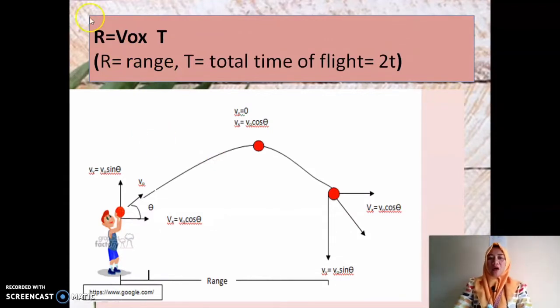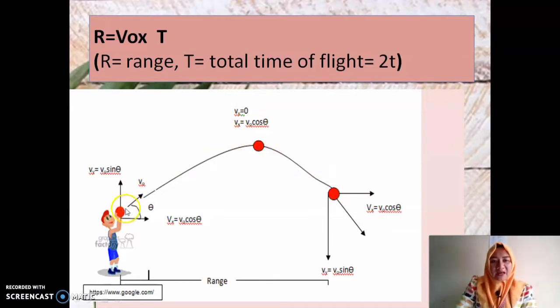Range, or R, is equal to v sub 0x, or the initial velocity in our horizontal, times capital T, where capital T is our total time of flight, which is also equal to 2 times small t. From the initial position to our maximum position, that is small t, and from the maximum position to our final position, that is another small t.